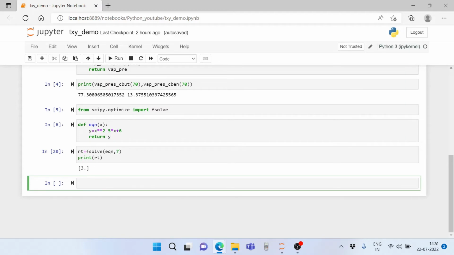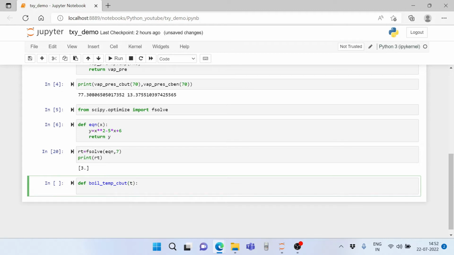Now let's use fsolve to get the boiling temperatures of chlorobutane and chlorobenzene at 90 kilopascals. For that, we write two functions. There it is, the boiling temperature of chlorobutane.